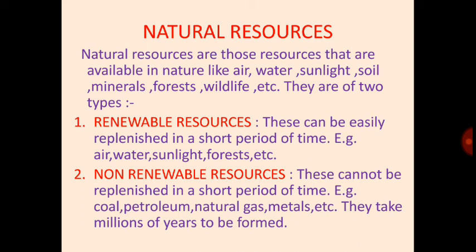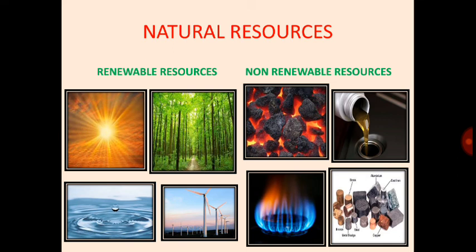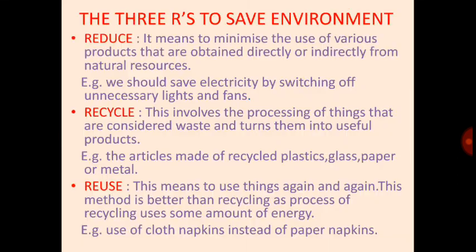Example: air, water, sunlight, forests, etc. Non-renewable resources cannot be replenished in a short period of time. Example: coal, petroleum, natural gas, metals, etc. They take millions of years to be formed. These are some examples of renewable resources and non-renewable resources.